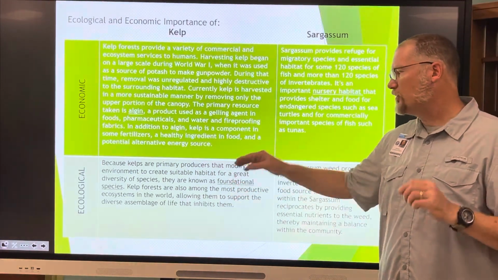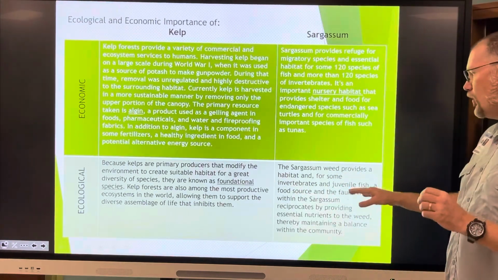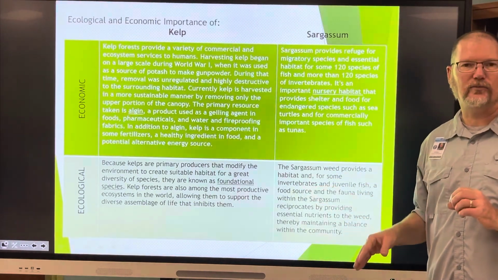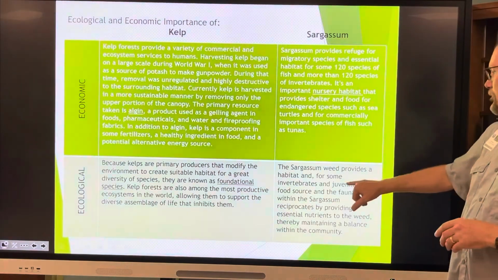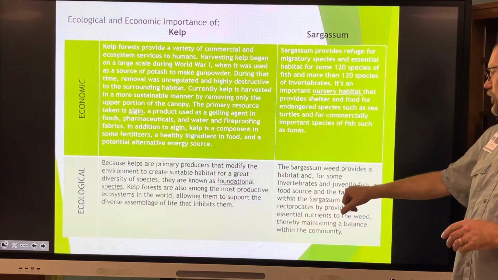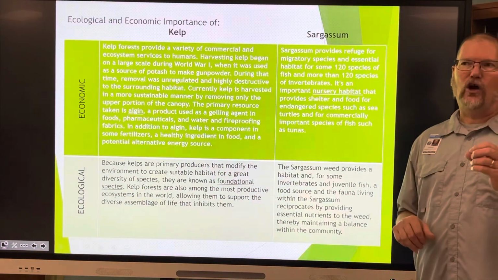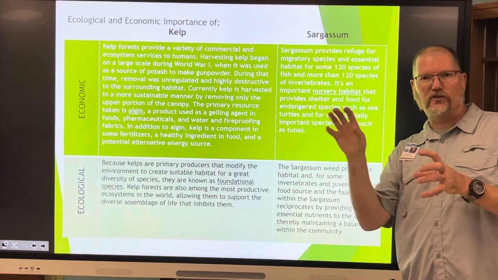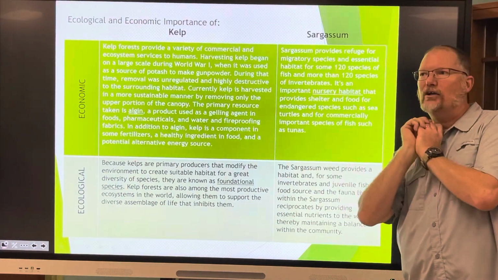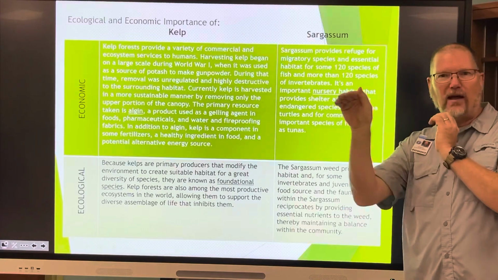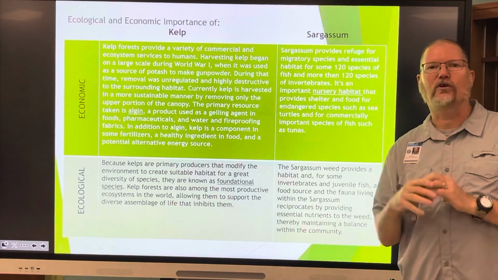Among the most productive ecosystems in the world, but so is the Sargassum Sea, because so many invertebrates, juvenile fish, young turtles, when turtles hatch from our beaches and they go out to the ocean, many of them, if not all of them, head for the Sargasso Sea.